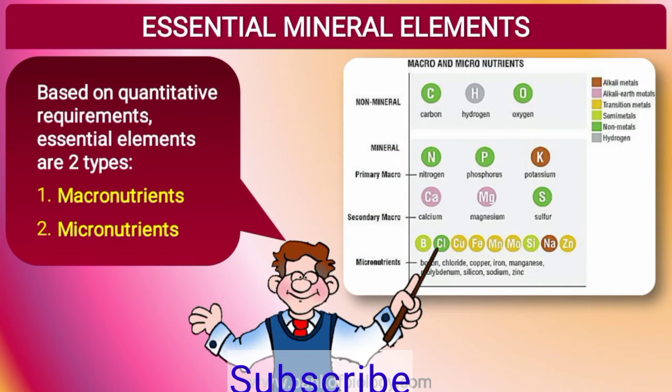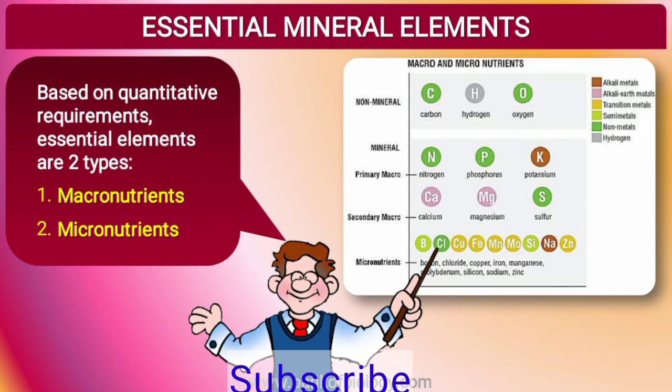Based on quantitative requirements, essential elements are of two types: macronutrients, which are required in large quantities, and micronutrients, which are required in small quantities. Non-mineral includes carbon, hydrogen, and oxygen. Mineral contains primary macro, secondary macro, and micronutrients. First of all, primary macro, which are required in large quantity: nitrogen, phosphorus, potassium.